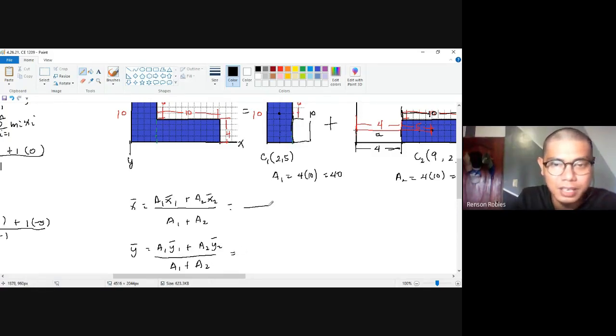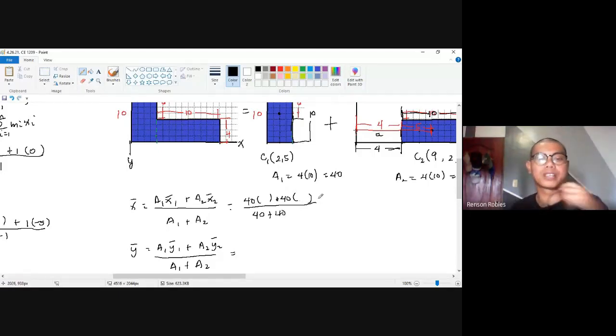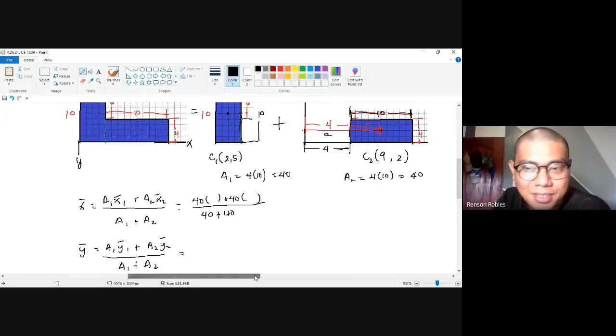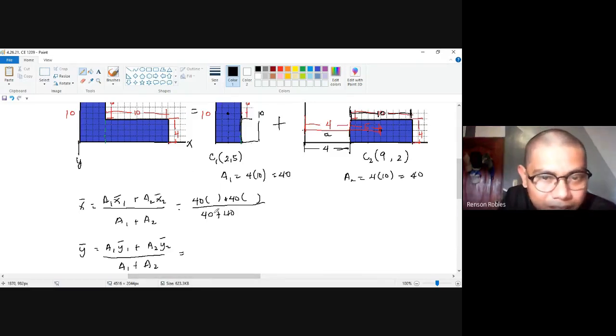Okay. Then, so A1, 40 plus 40. 40 times 4 plus 40 times, this one is not a good example kasi nagkaparehas yung A1 at A2 and it's an accidental, I mean, manipulation of the given. But we will be solving this in another method, yung nakahiga naman. And then this is 2 and this is 9.